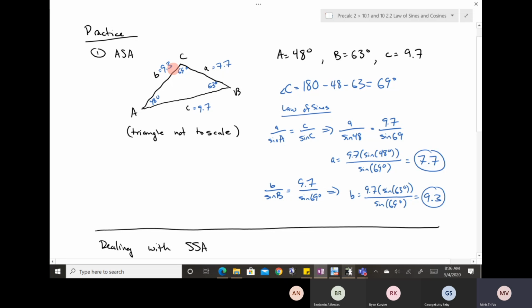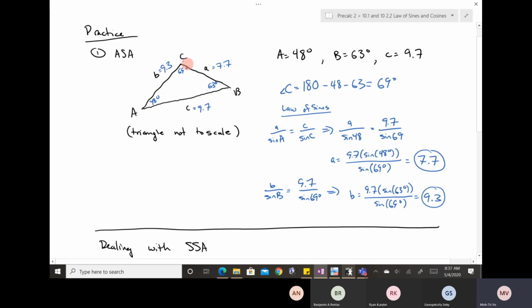One thing you can remember to make sure at least the calculations are on the right track is that the bigger the angle, the bigger the side is going to be, right? You see how in this triangle angle C is the biggest, and then next is angle B, and then angle A is the smallest.